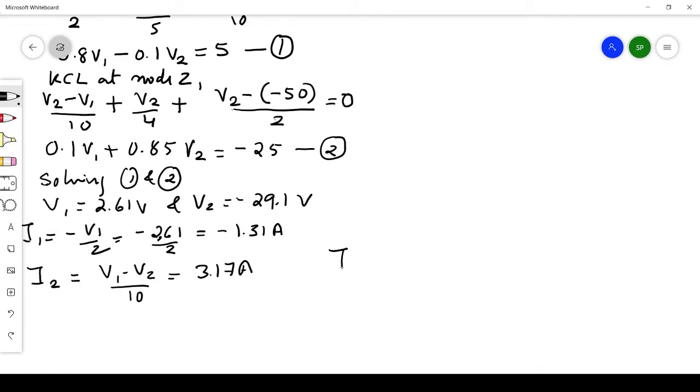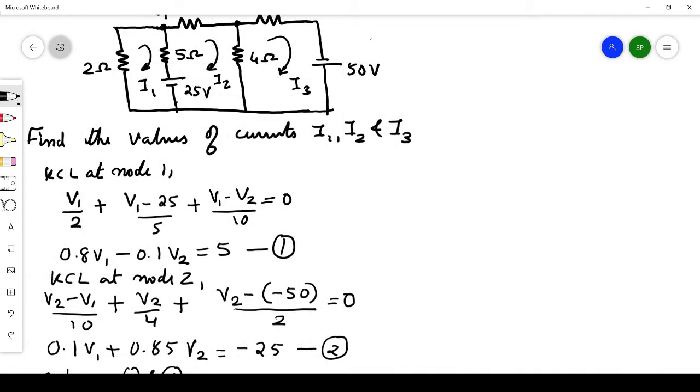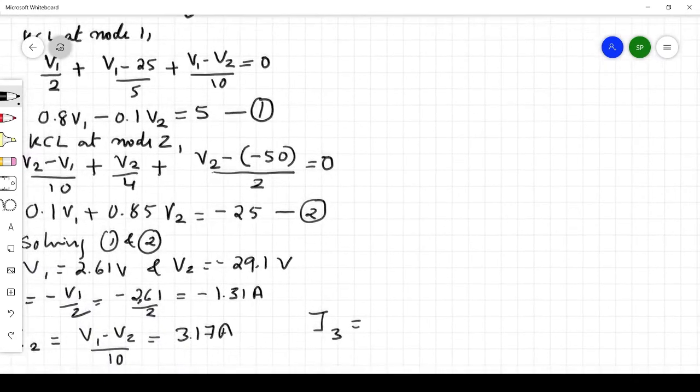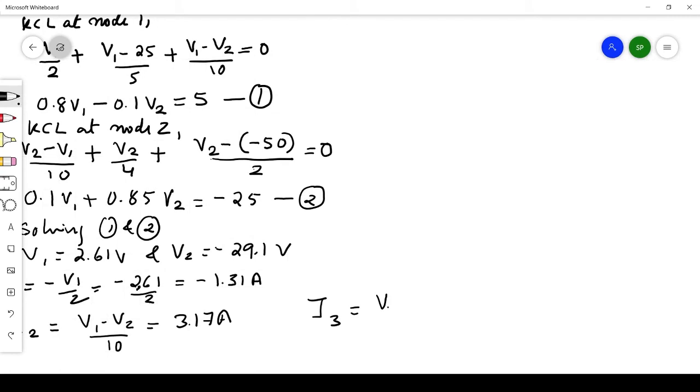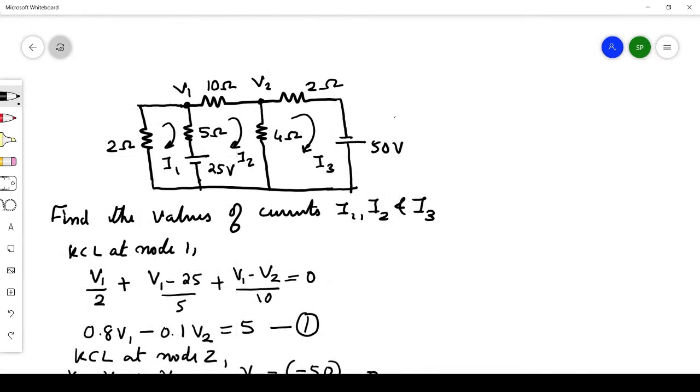And I3 is the current through the third one, so it is V2 plus 50 upon 2. That is equal to 10.45 amperes. So you got the answers for I1, I2 and I3. This is how you solve an electrical network using nodal analysis.